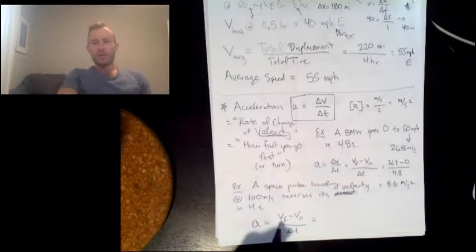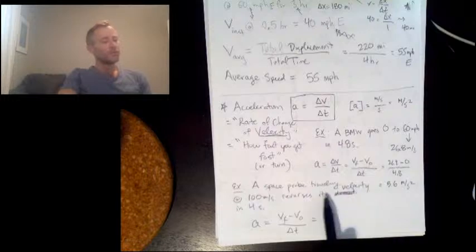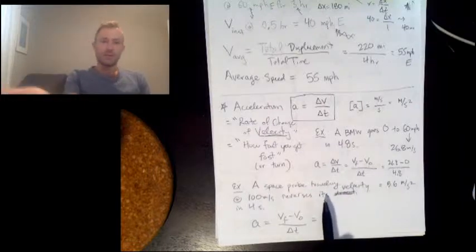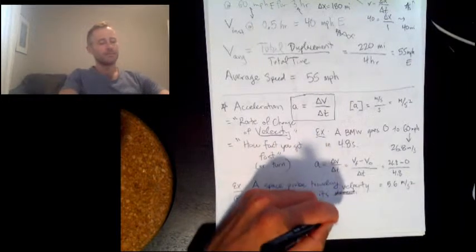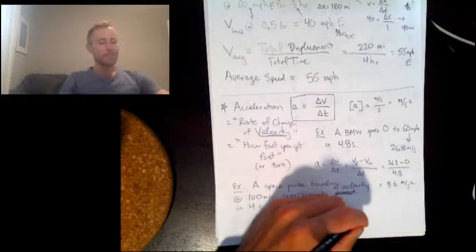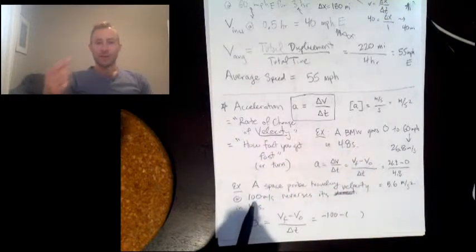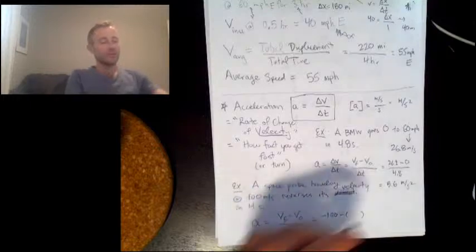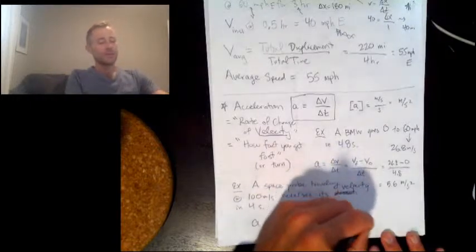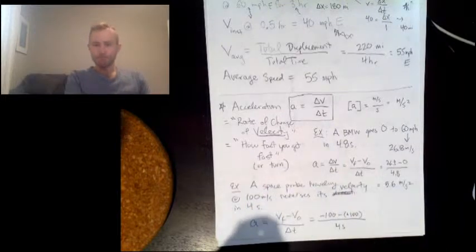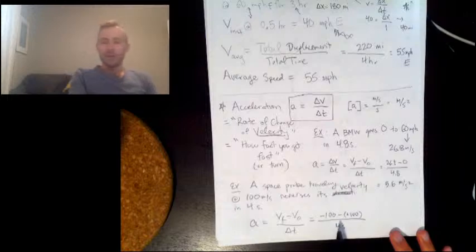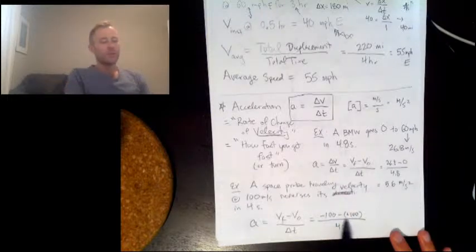Okay, so here's the thing. If you reverse your velocity, that means the velocity becomes negative what it was, the opposite. So the final velocity is going to be negative 100 meters per second. The initial velocity is 100 meters per second in the forward direction, so that's plus 100. And then the time elapsed is 4 seconds. So one of the things you have to be careful about with accelerations is we could have negative signs.